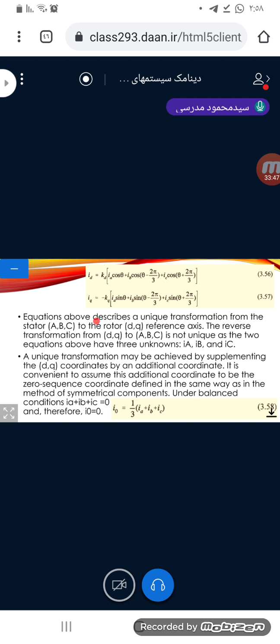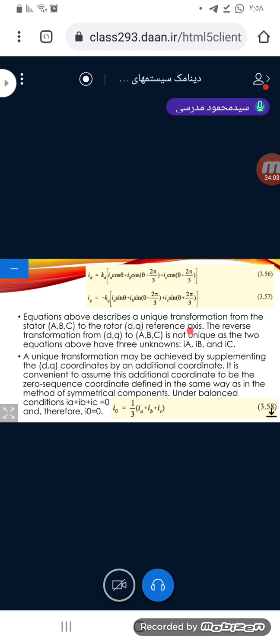Equations above describe a unique transformation from the stator ABC to the rotor DQ reference axis.